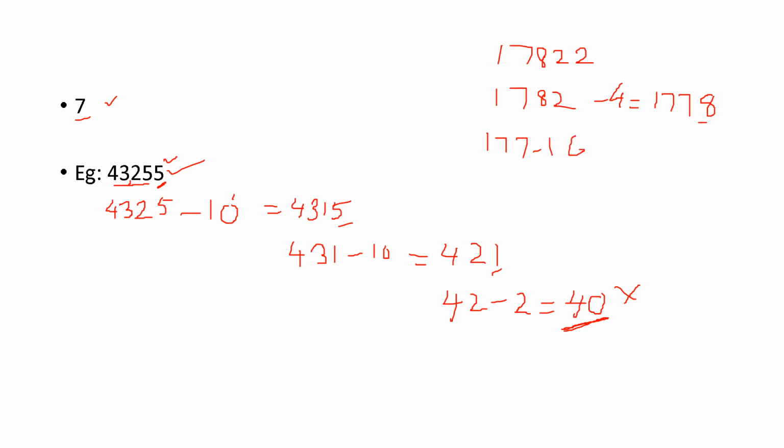So what is that? That is 161. Okay. Again, 16 minus 2, and that is 14. Right? So we have to check whether 14 is divisible by 7 or not. Of course, it is divisible by 7. Right? So we can say this number is divisible by 7. Okay.